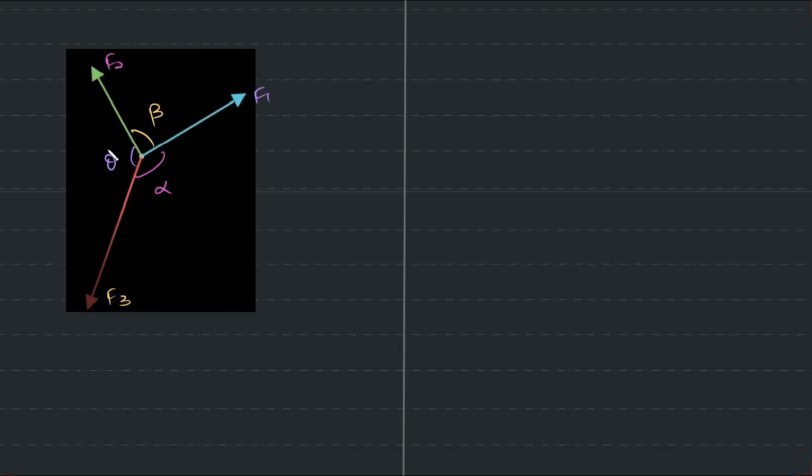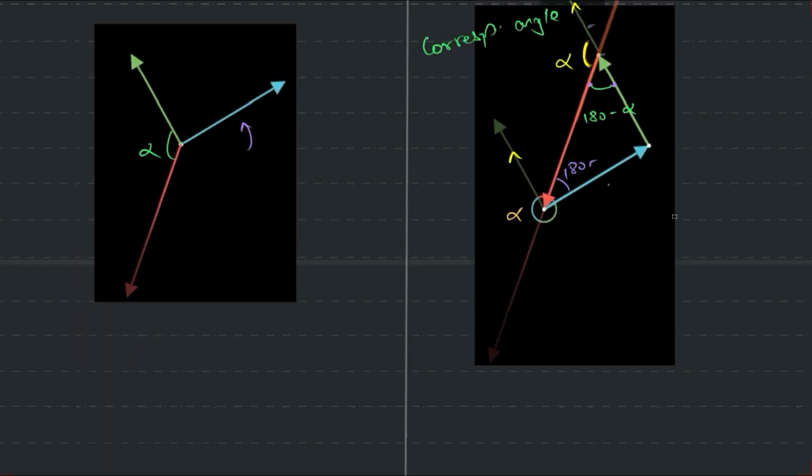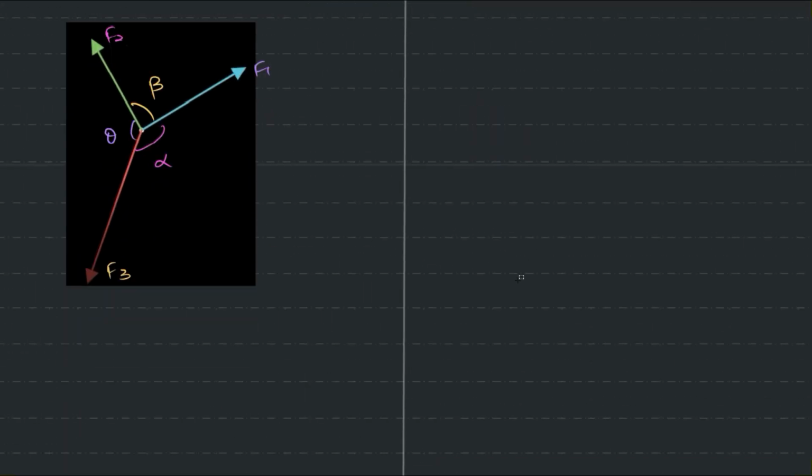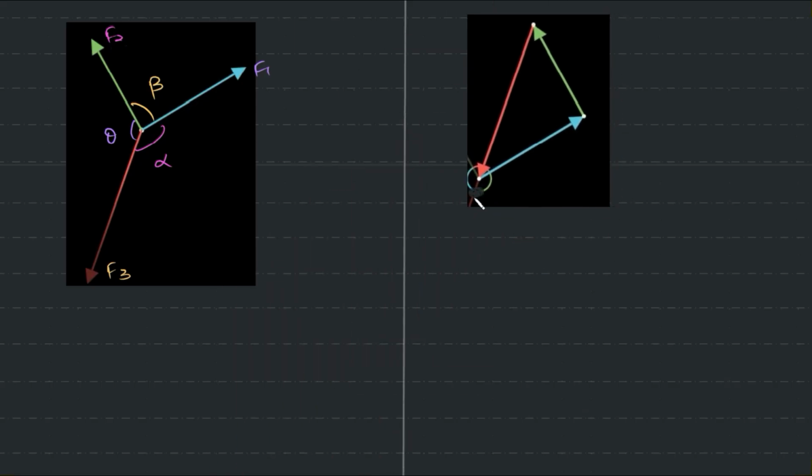Now what we have to do next is create a triangle in this manner, by shifting the vectors around. So we'll create a triangle. That's part of your proof.